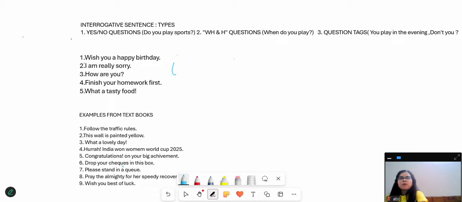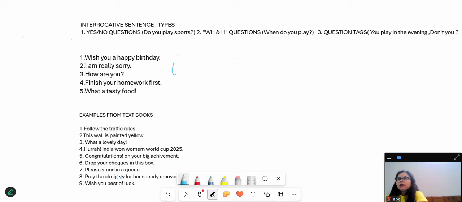Drop your checks in this box. Drop your checks. Instruction, right? So instructions are always in the imperative sentences. Please stand in a queue. It's a request. Again, imperative sentence.